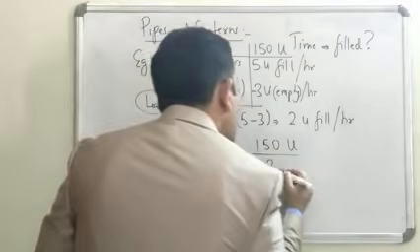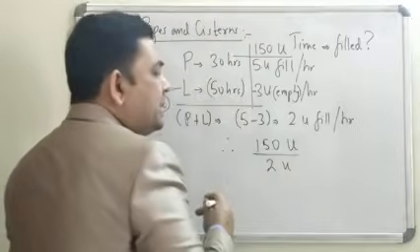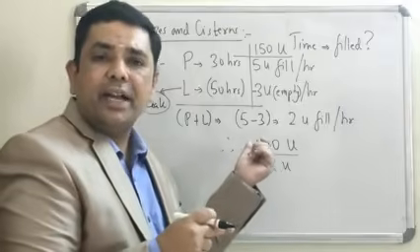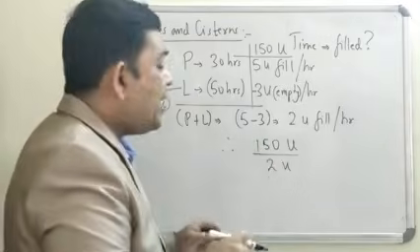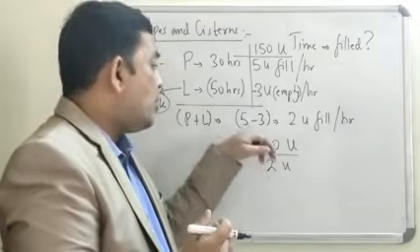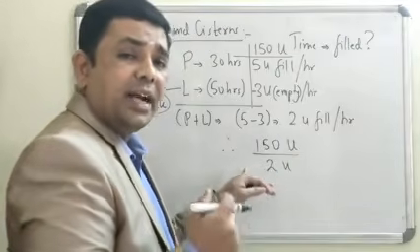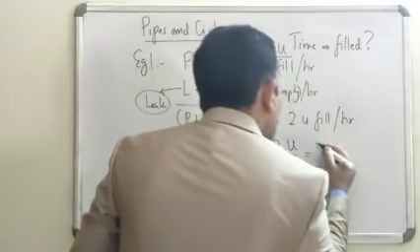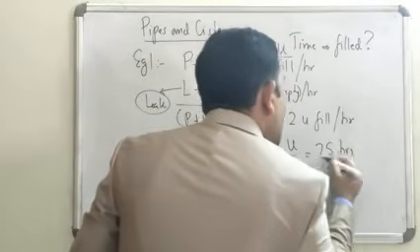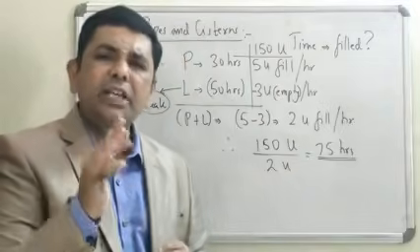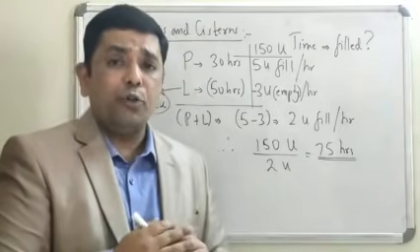How much do they fill per hour? 2 units, after adjusting for the water that flows out because of the leak. So 2 units per hour is the water that is getting filled. Therefore 150 units can be filled in 75 hours. Alright, a very simple example to begin with.